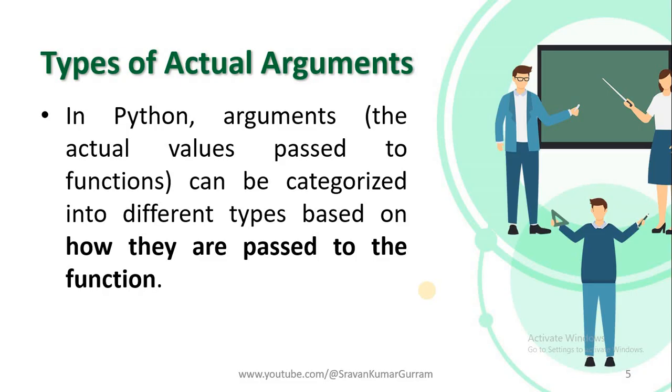Now let us understand the types of actual arguments, or simply types of arguments. In Python, arguments can be categorized into different types based on how they are passed to the function. We can pass actual arguments in different ways to the function. So depending on the way of passing, we can categorize the actual arguments.